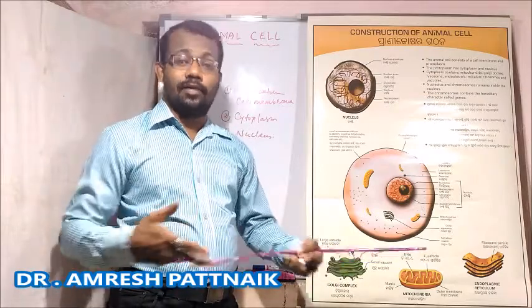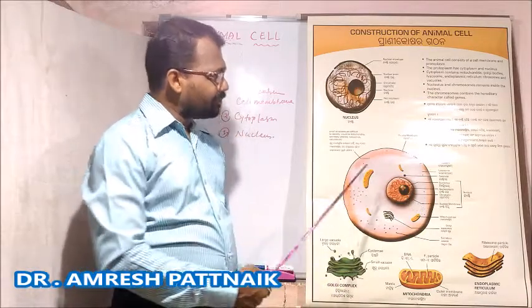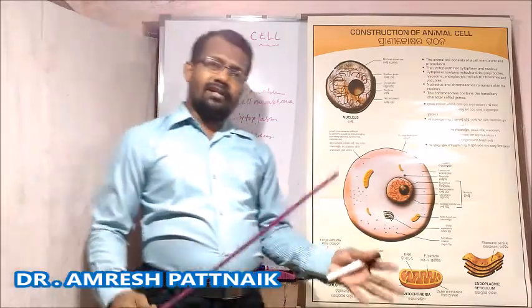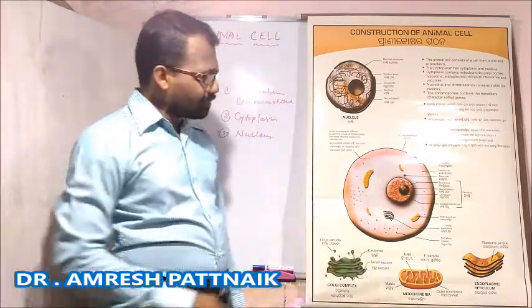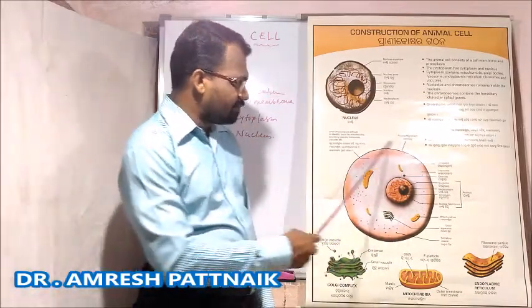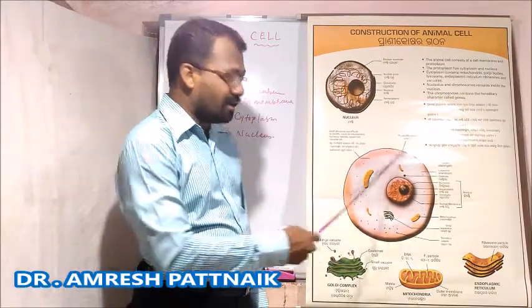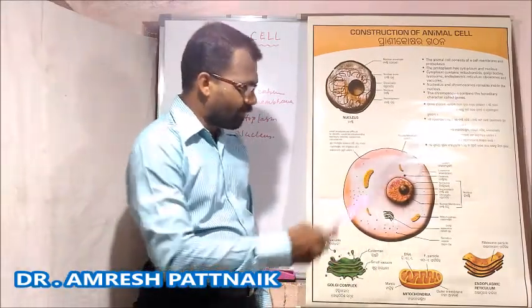They are floating everywhere, right? What are the organelles there? Let's see. We have already discussed all the organelles in the plant cell. You can see this is the plasma membrane, and this total liquid portion is known as cytoplasm.